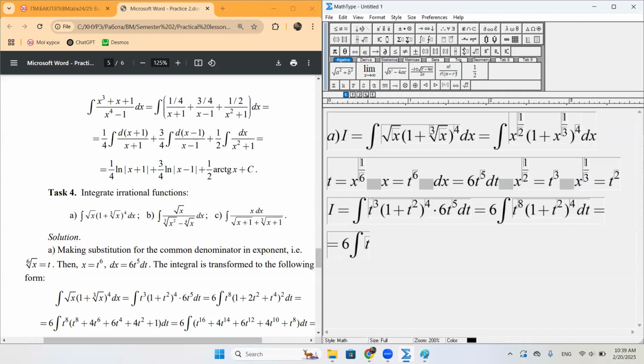So if we expand, we receive the following integral. t in power of 8 multiplied by t in power of 8 plus 4t in power of 6 plus 6t in power of 4 plus 4t square plus 1 and dt.